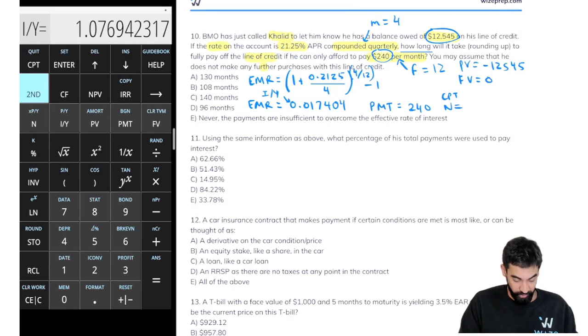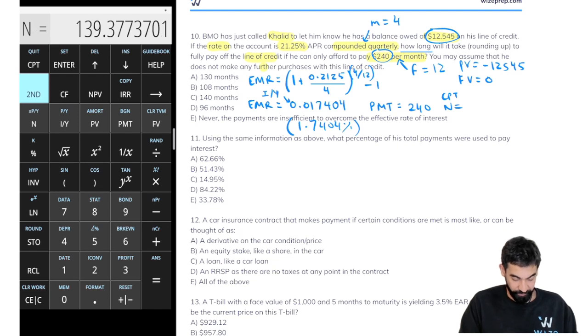So here I'm going to put this 0.0174 times it by 100. So it's 1.7404%. That's my IY. 240 is my payment. 12,545 negative is my PV. 0 FV.